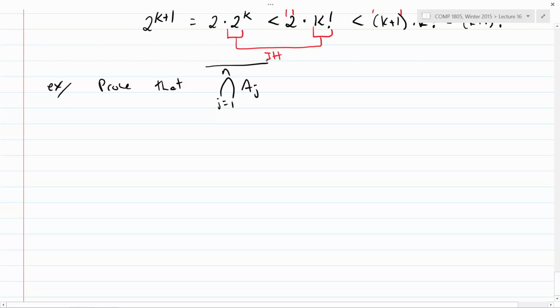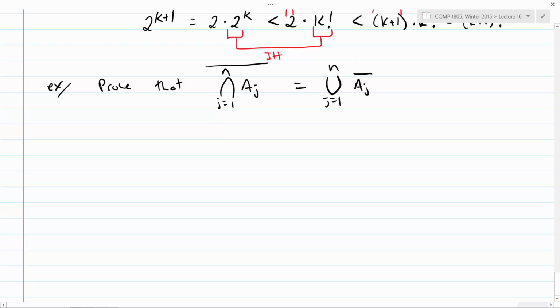This notation is to intersection as the sigma notation is to plus. So this is the same as a1 intersect a2, intersect a3, intersect a4, all the way up to an, and then take the complement of the whole thing. And the claim is that that is the same as the union from j equals 1 to n of the complement of aj.